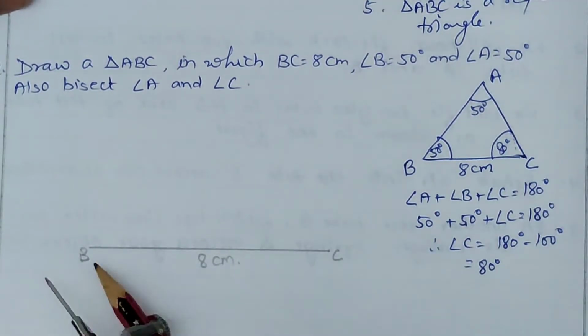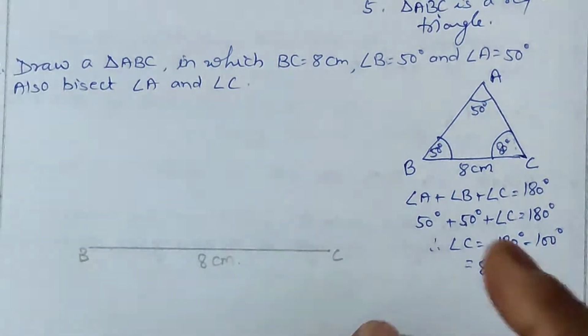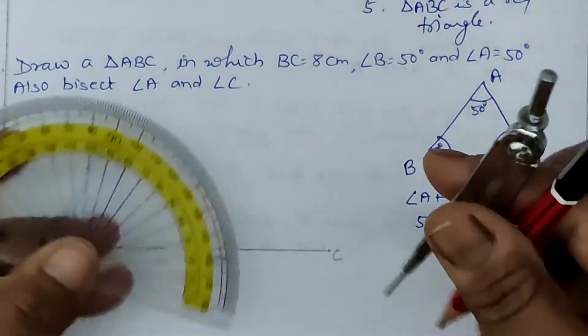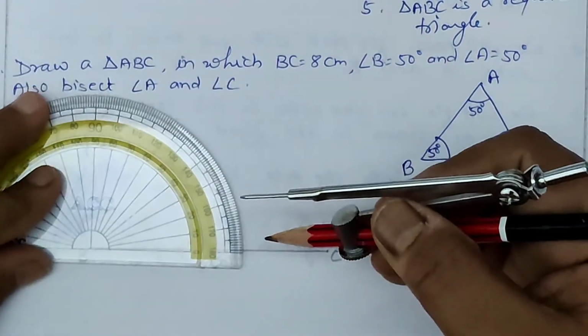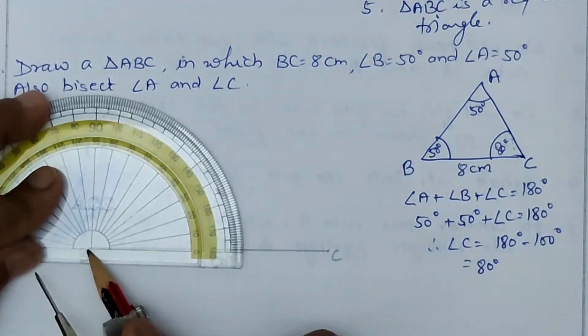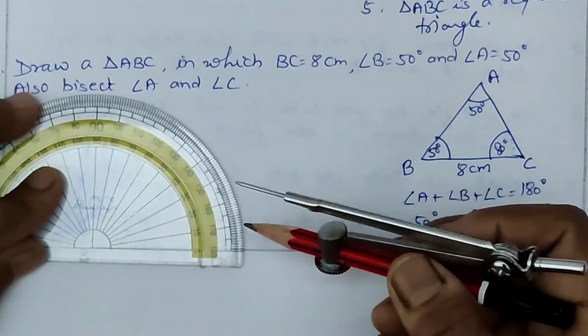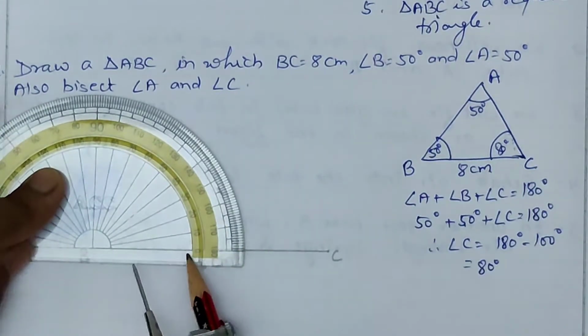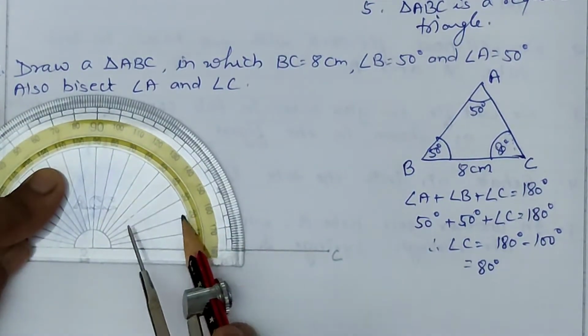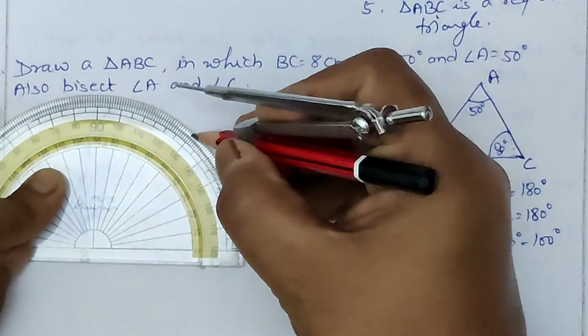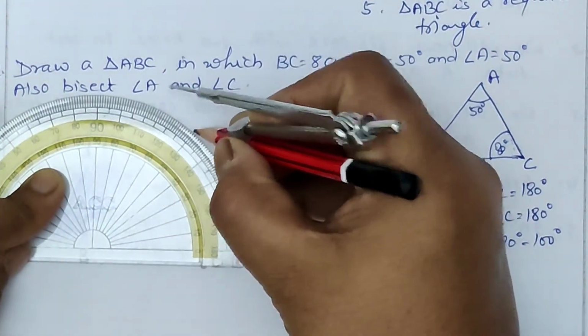Second step, construct an angle B equal to 50 degree. Okay, this angle can be made by a protractor. Now 50. This is the vertex of the angle, coincide with the line. Okay. Now count from the 0. 10, 20, 30, 40, 50. Always start counting with 0.